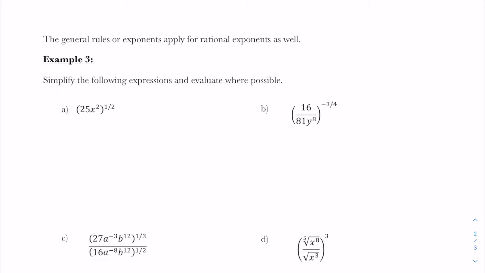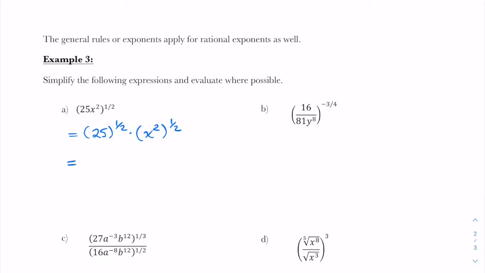Recall, you have to apply the exponent to everything inside of the bracket. So I'll write this out the long way. We apply the exponent of 1/2 to the 25, and we also have to apply it to the x squared. You can separate coefficients from powers like this.